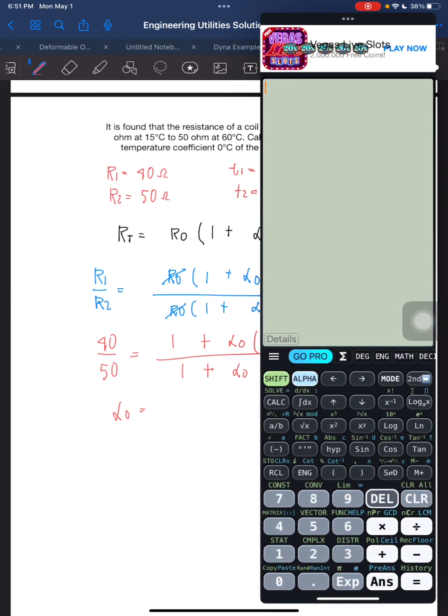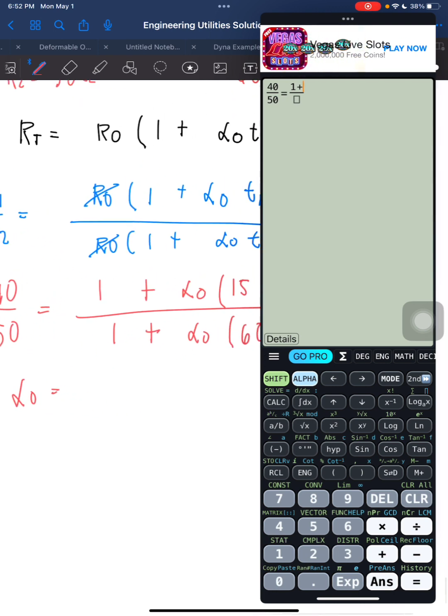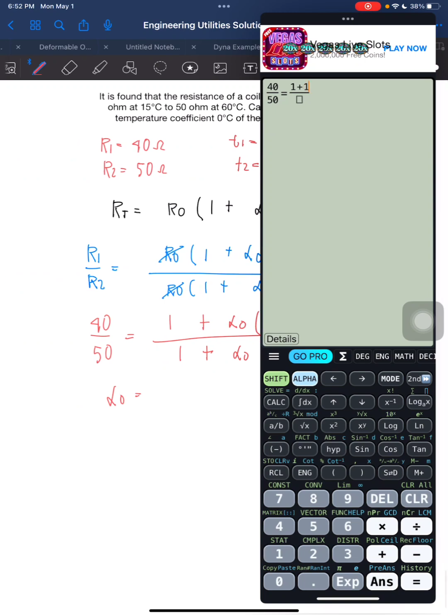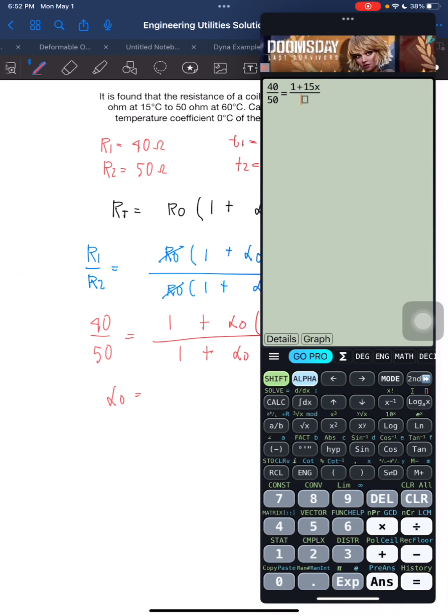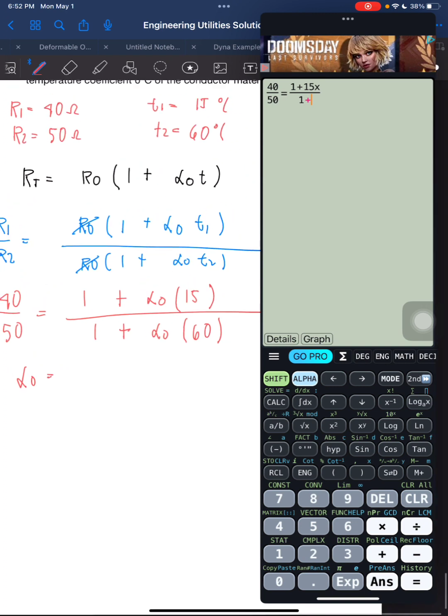So, shift solve ang ating alpha O ay 40 over 50 equals to 1 plus 15x over 1 plus 60x.